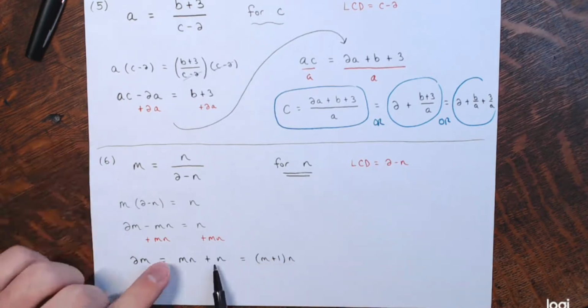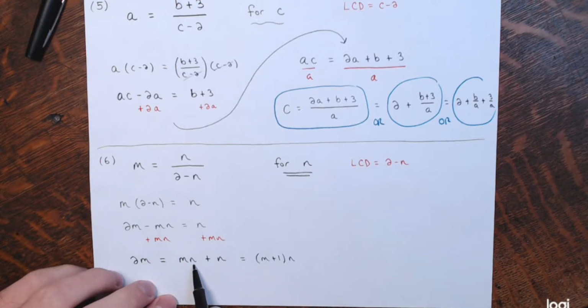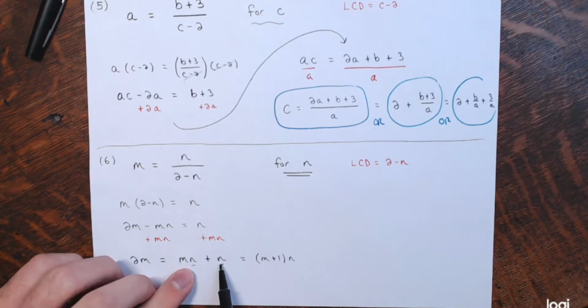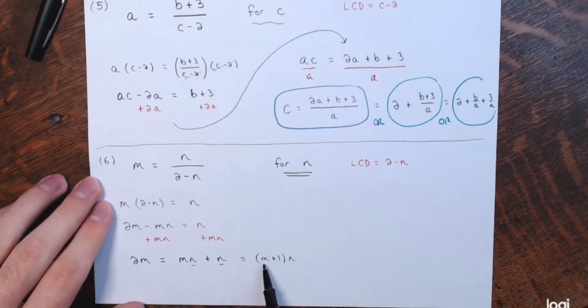If you combine the coefficients of n, you get a new coefficient of m plus 1. Make sure that's in parentheses. Also, you could have said, hey, these two terms have a common factor of n, and then factor n out. So now I have 2m equals m plus 1 times n.